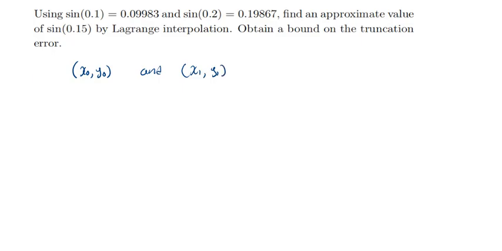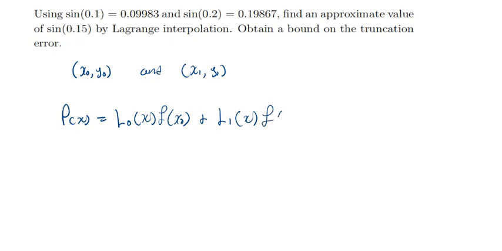So the linear Lagrange interpolating polynomial through these 2 points is given by p of x is equal to L naught of x multiplied by f of x naught plus L sub 1 of x by f of x sub 1, like that.